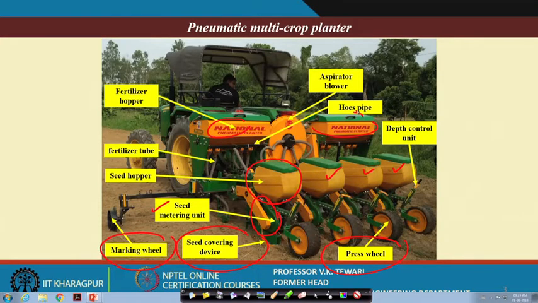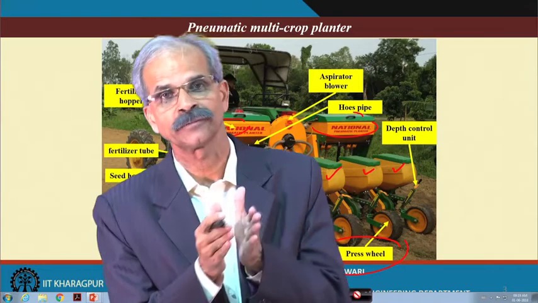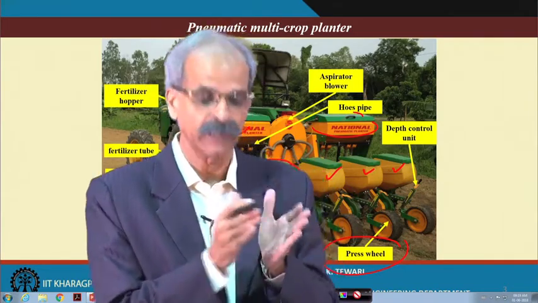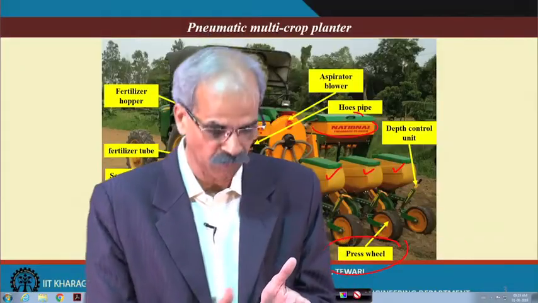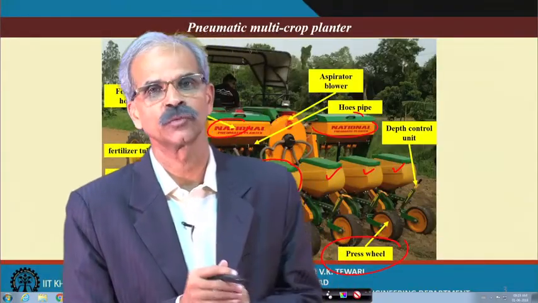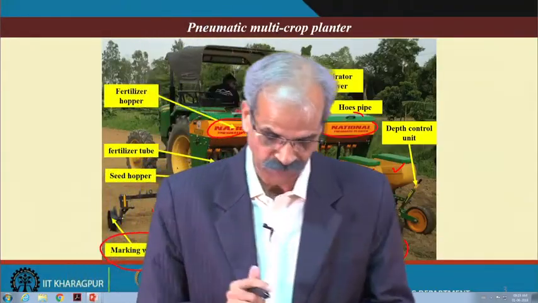Now, these are the fertilizer tubes through which the fertilizer will go into the location at which it should be put while the seeding is being done. I have discussed this, you may recall what the proper placement of the fertilizer with respect to the seed should be. Accordingly, this fertilizer is being put when the seeds are being sown through this pneumatic planter.